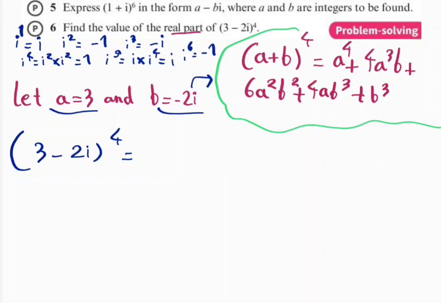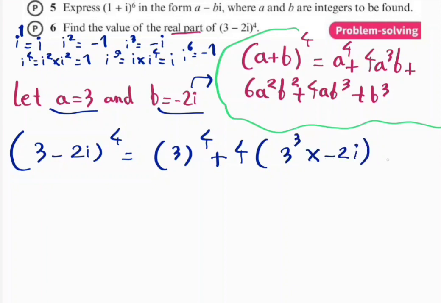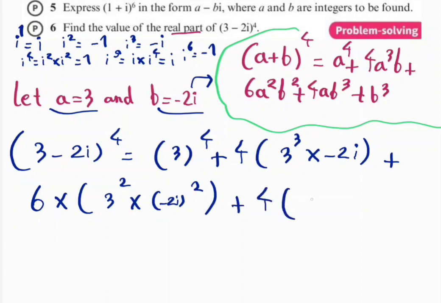And remember that we want to find the real part, so we start by writing 3 to the power of 4 plus 4 times 3 cubed times minus 2i plus 6 times 3 squared times (minus 2i) squared plus 4 times 3 times (minus 2i) cubed plus b cubed, which is (minus 2i) cubed.